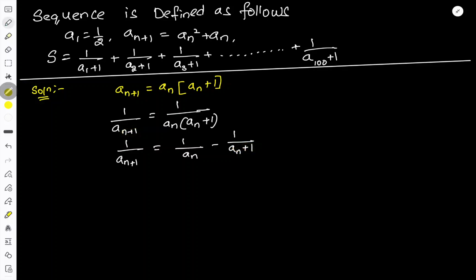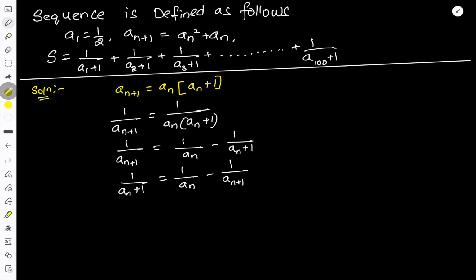Hope you could feel the difference between them. Now let me bring the 1 by (an plus 1) to the left hand side, and 1 by an minus 1 by a(n+1). A little bit of swapping here.